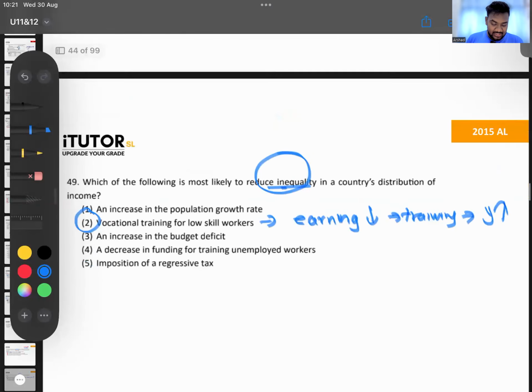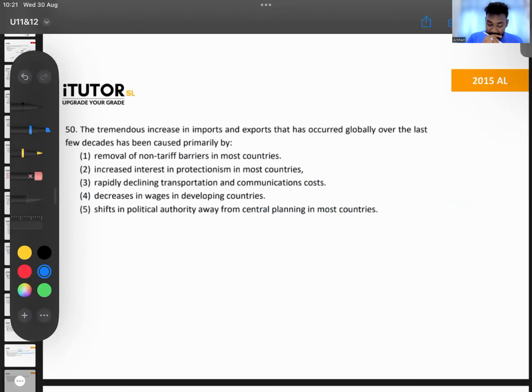Okay. Last question. The tremendous increase in imports and exports that has occurred globally over the last few decades has been primarily caused by what? Now, in the last 20-30 years, global trade has increased because of what reason? The options: removal of non-tariff barriers in most countries, increased interest in protectionism in most countries, rapidly declining transport and communication costs, decrease in wages in developing countries, shifts in political authority away from central planning.